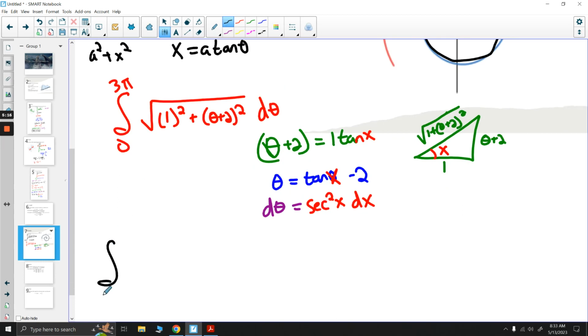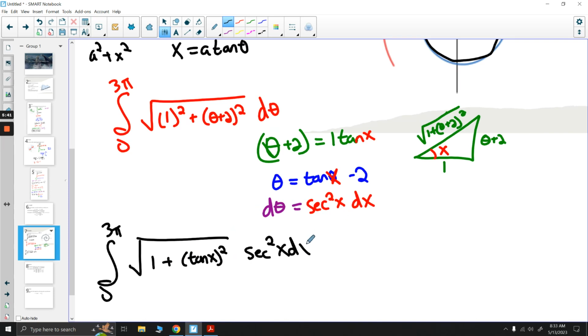We have the integral from 0 to 3 pi of the square root of 1 squared, which is just 1, plus theta plus 2, which is our tangent, so that would be tangent squared x. Now, d theta is just going to be secant squared x dx.